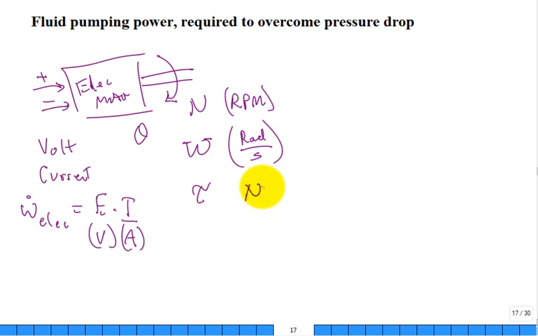Newton meter. You know, one time I had a Thermo 1 problem on the first test, and I said, I want you to calculate the torque in the shaft. Half the class came back, and maybe I wanted the answer to be 110 Newton meters of torque.